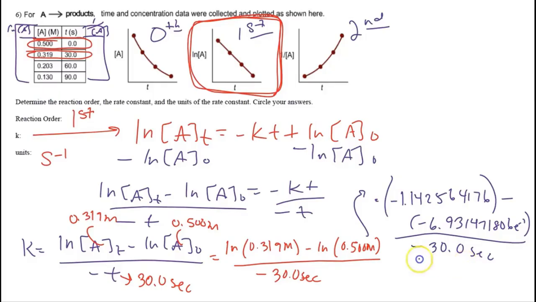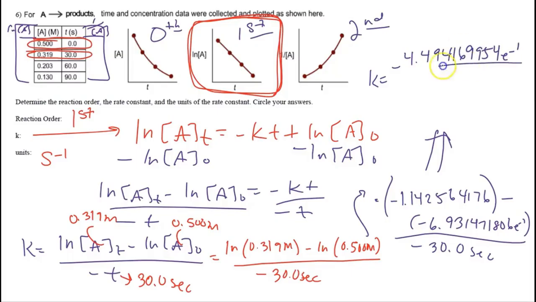So yes, I took the natural log of those and I got that, okay? So I have this whole number here. I'm going to continue on. My k is equal to negative 0.449 divided by negative 30.0 seconds.